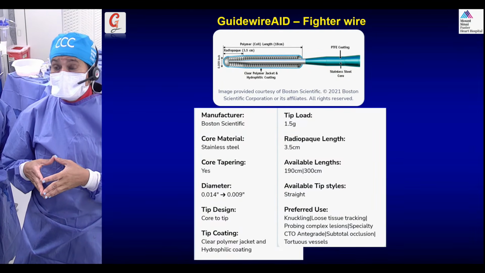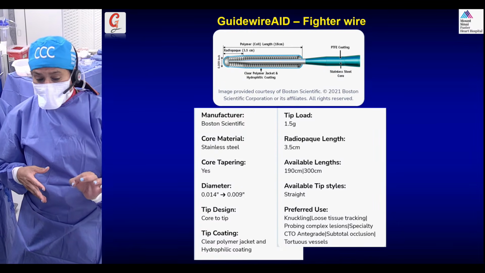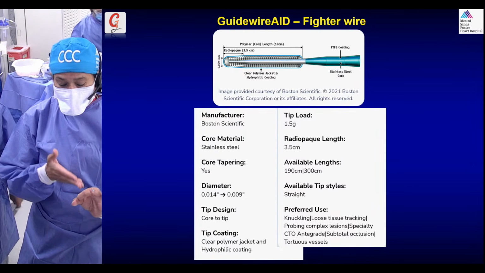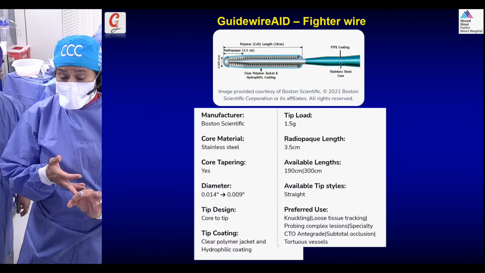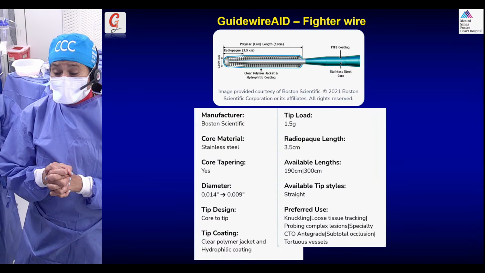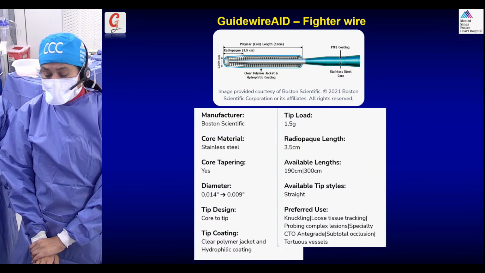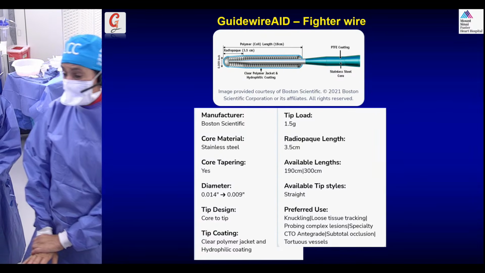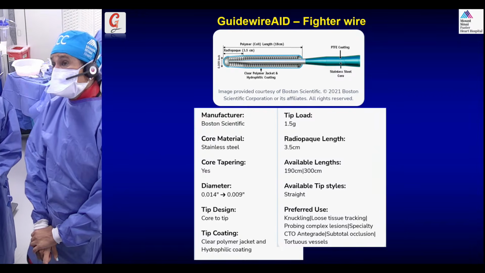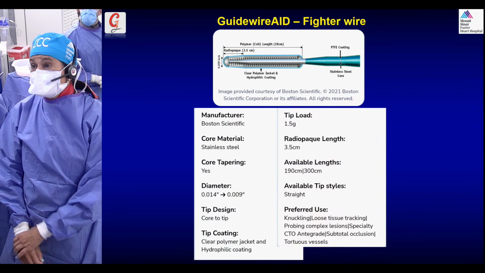It has a polymer jacket and hydrophilic coating. So when you have to go into the side branch through a stent strut, this kind of tapered wire tip with hydrophilic coating could help us, but it was not that helpful here. But in one live case we have shown crossing the side branch using the Fighter wire. So there are various preferred uses for people.